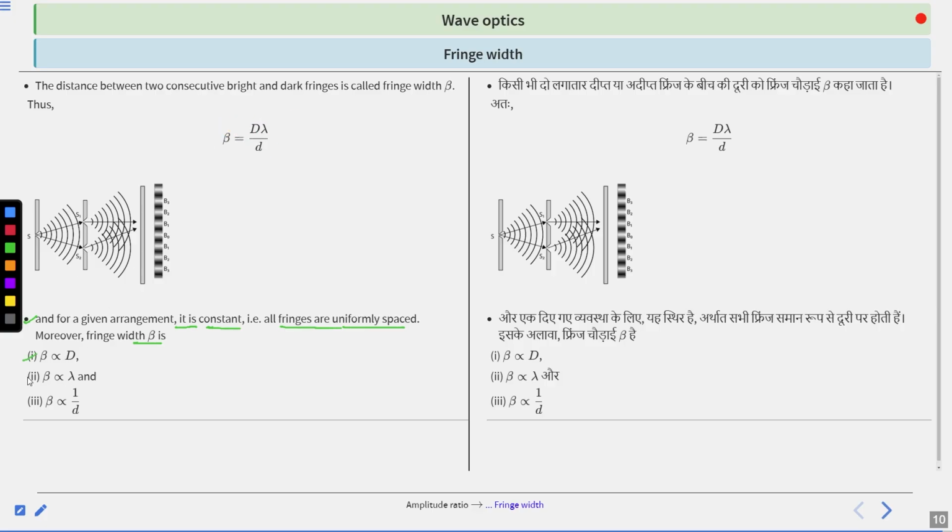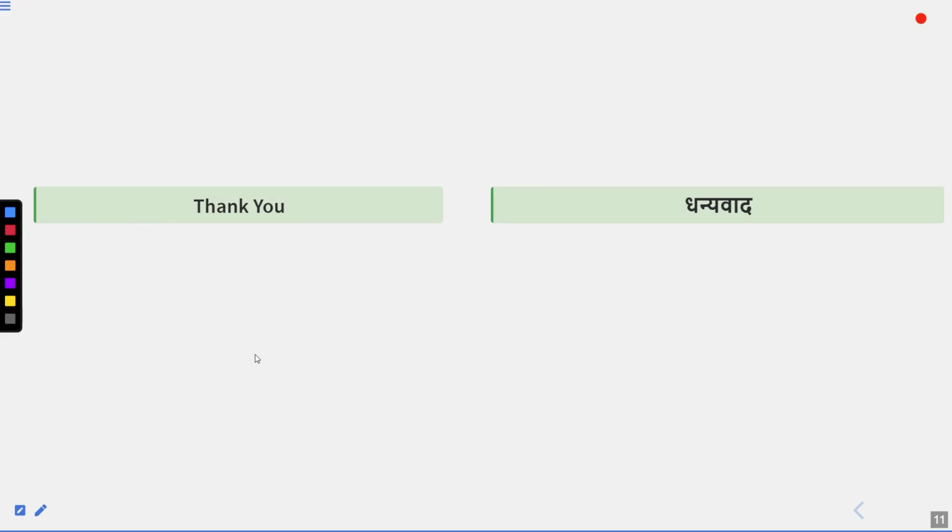I hope all the points are clear. This is important for the exams. All three relations come from this equation. Thank you for your attention.